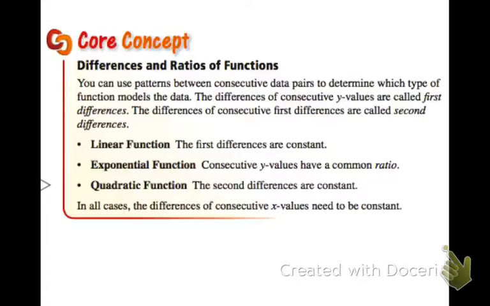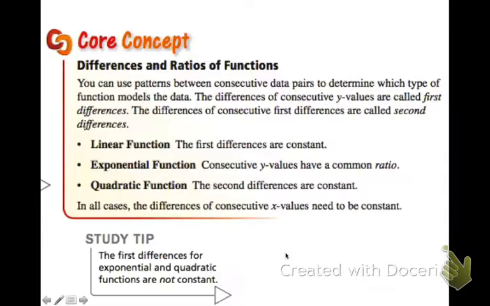And we can't find a common ratio, so then we look at the first differences to see if there's a common difference between them, and we call that the second difference. So that's what I was talking about. So the first differences for exponential and quadratic functions are not constant, okay? And that's when we'll be able to determine if it's, we'll either look for the common ratio and say that it's exponential, or we'll look for the second difference and see that it's quadratic.